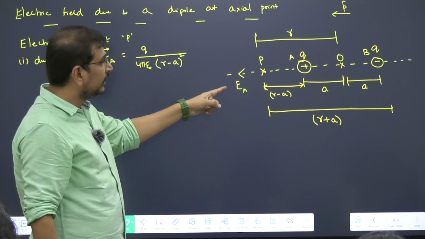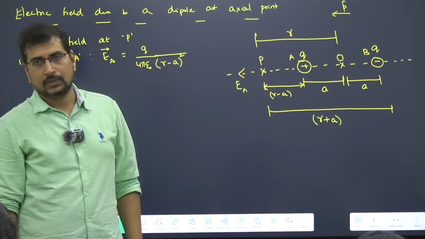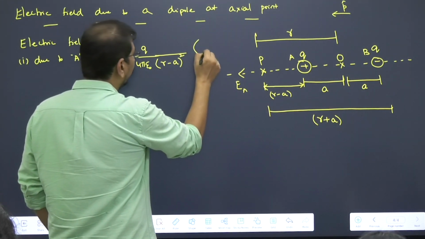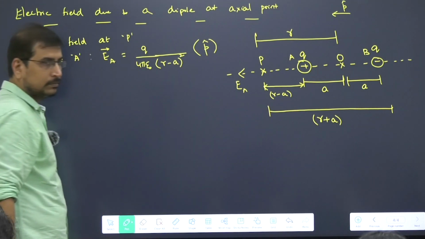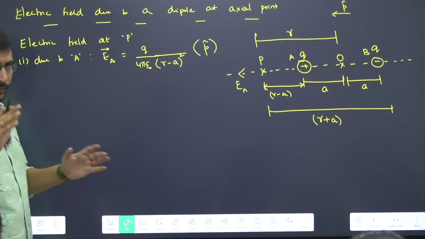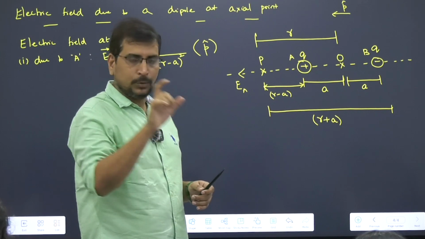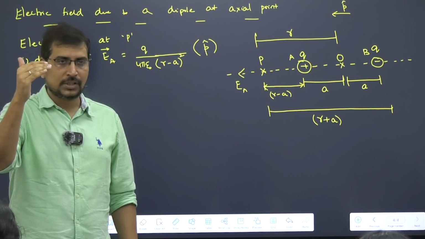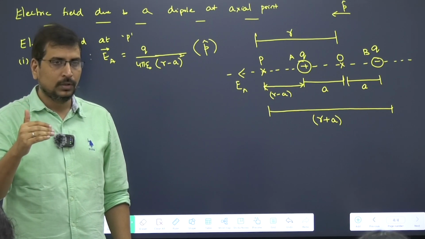So compare the direction of EA with the dipole moment. Are they both in the same direction or opposite direction? Same, right? So can I put it as P cap? Makes sense? So what did we do? It's very simple. First, I wrote the magnitude part. What does the magnitude part speak about? Magnitude of the charge divided by 4 pi epsilon naught into distance square.